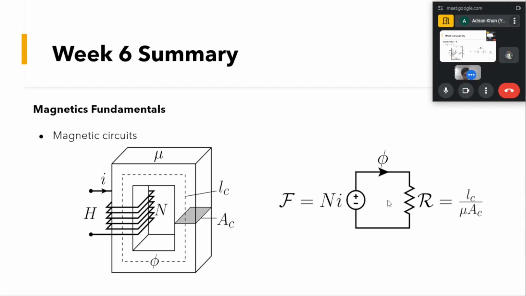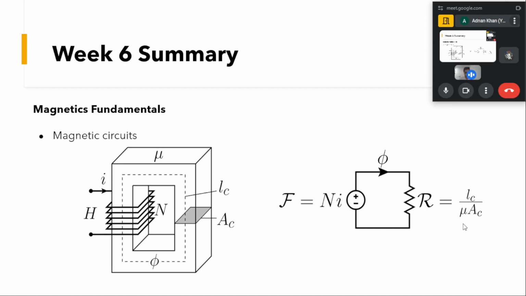And we saw that this magnetic circuit will have its own reluctance, given by R equal to Lc divided by mu Ac. It is analogous to the resistance in the electrical circuit. So here we have an MMF that will generate the flux, and this flux is analogous to the current, and we have a reluctance equal to Lc divided by mu Ac.